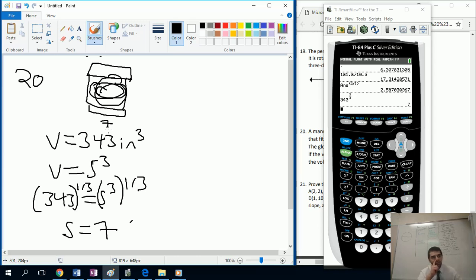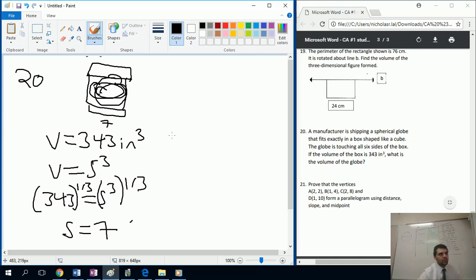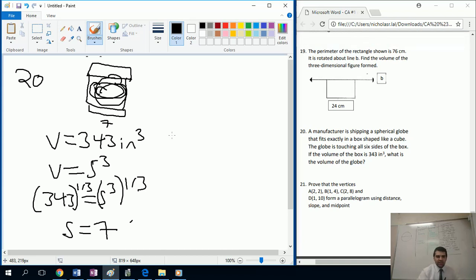And the volume, I'm sorry. So you got to see that the side length of the cube is 7, so the diameter of the sphere is going to be 7. So to find the radius of the cube, oh my god, I'm mixing up my words.